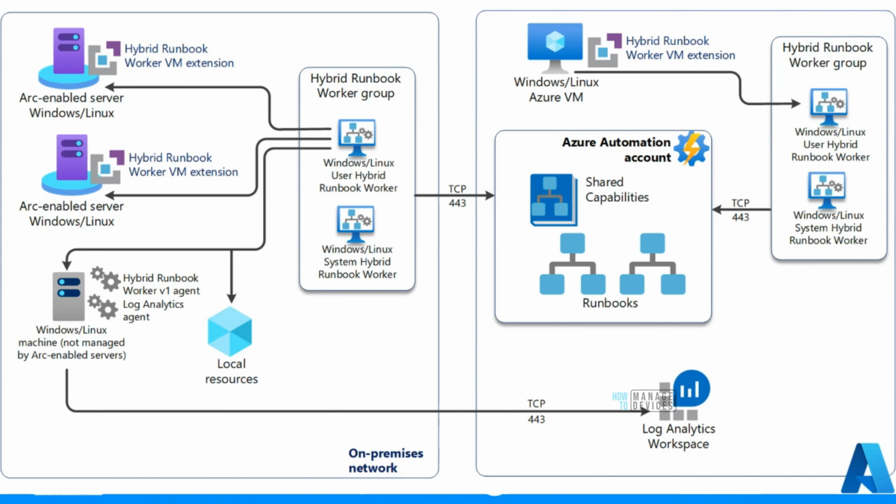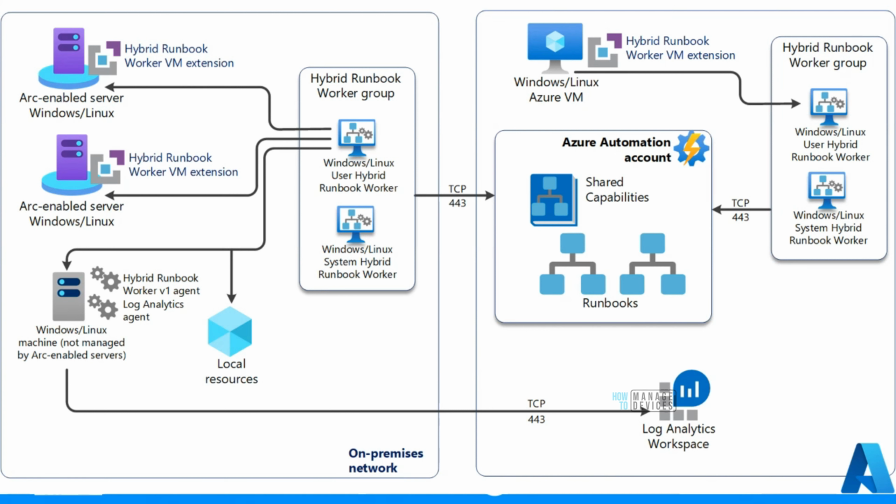This worker can go to the database, pick all the servers for which you want to create the collection, and it can even deploy the software update group for those servers after creating the collection.